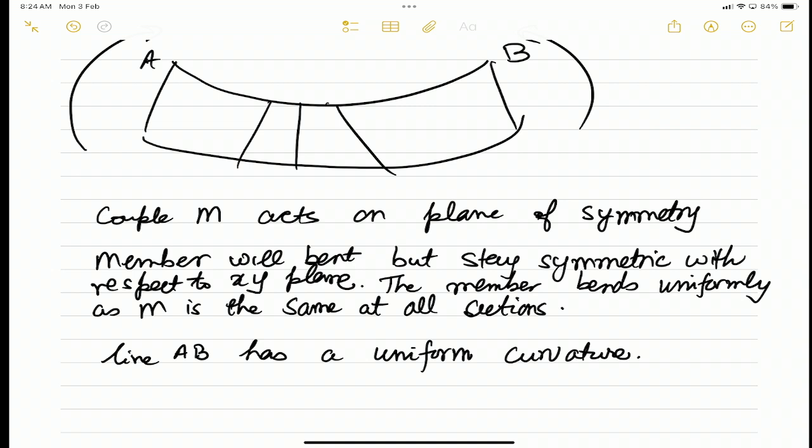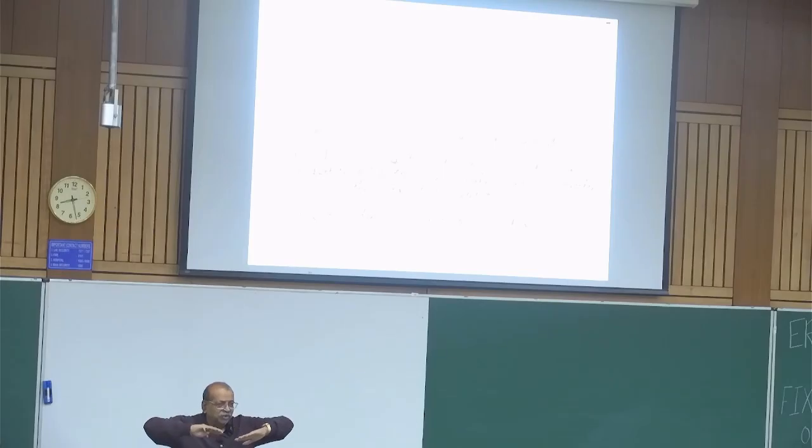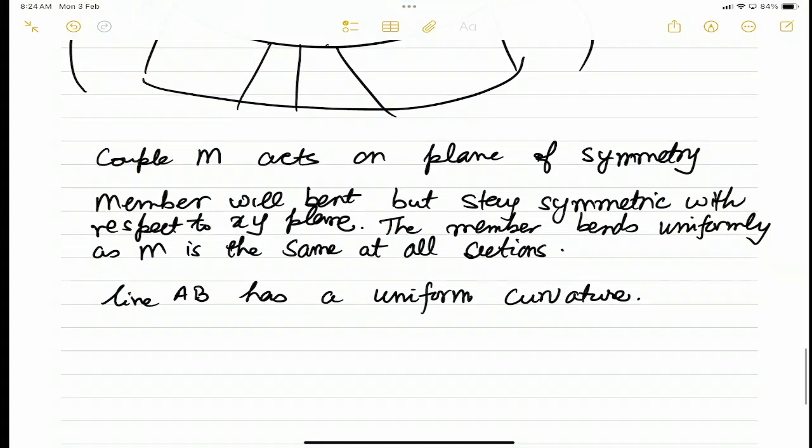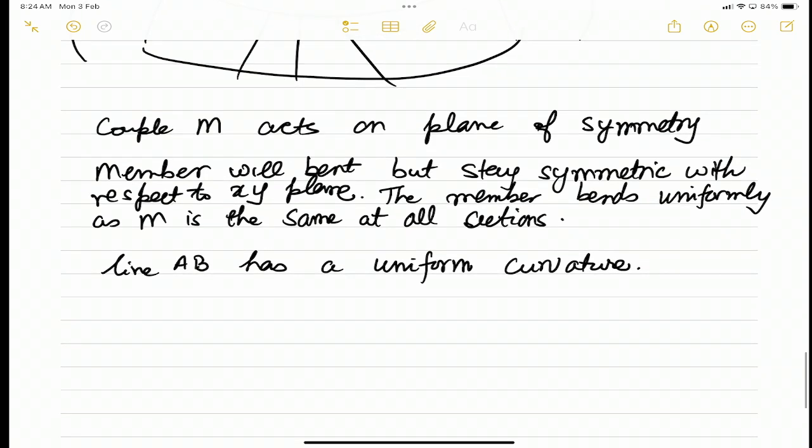So when it bends, the curvature is the same at each section. And if the curvature is the same at each section, this will tend to turn into a circular arc, because the same moment is acting at each section. So its effect of deformation is the same at each section.